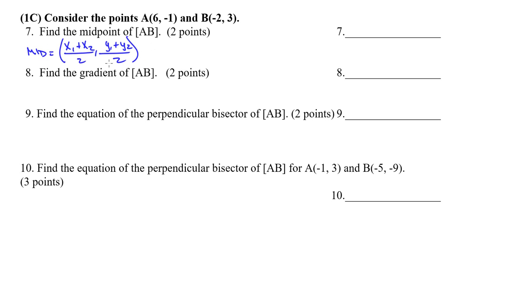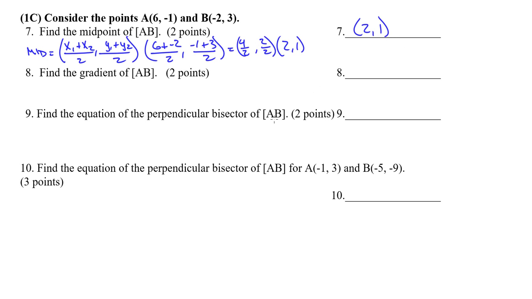Add the x's, divide by 2, add the y's, divide by 2. So we'd go 6 plus negative 2 over 2, and negative 1 plus 3 over 2. So let's see. 6 plus negative 2 is 4 halves. Negative 1 plus 3 is 2 halves. So that ends up getting us (2, 1), right?